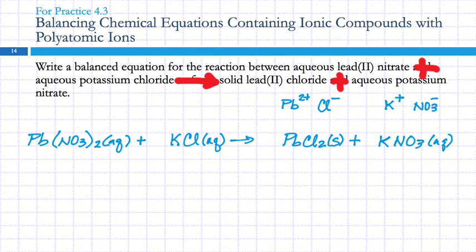You just take the whole module off and you stick it on something else. You didn't have to take it all the way apart to atoms. So when we balance this equation, we can treat the nitrate as a single thing. If you don't like that, you can do the nitrogens and the oxygens separately. There's nothing wrong with that.